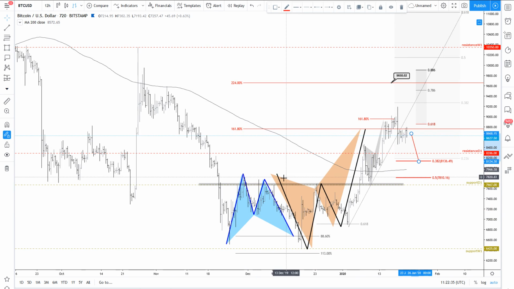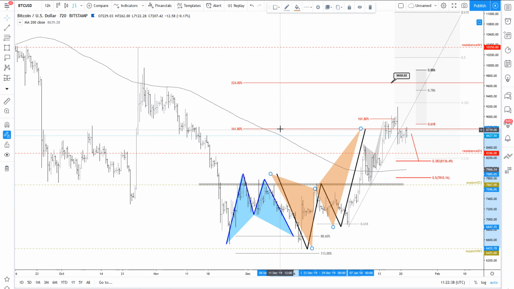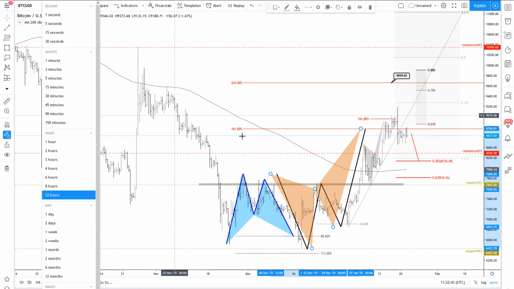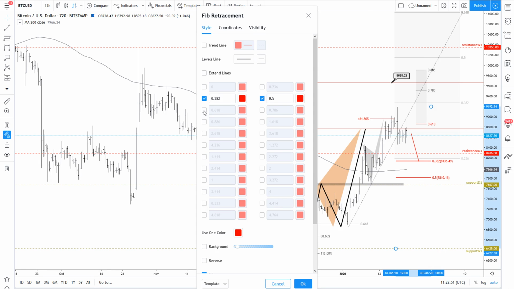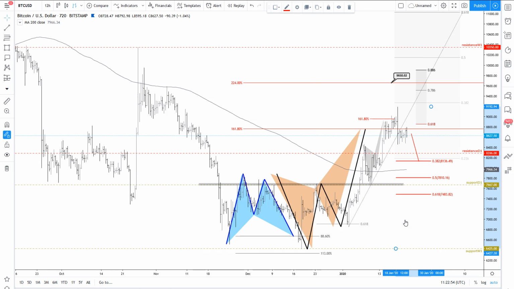This is the crab pattern printed at 168 extension, so that's the reason why we target the 38% fib initially, compared with the shark pattern that tends to search for the 50% fib immediately. So I want to search for the golden fib as an eventual second target there.